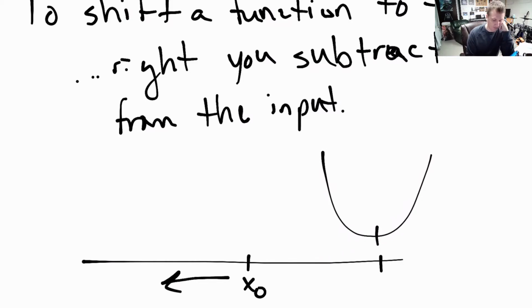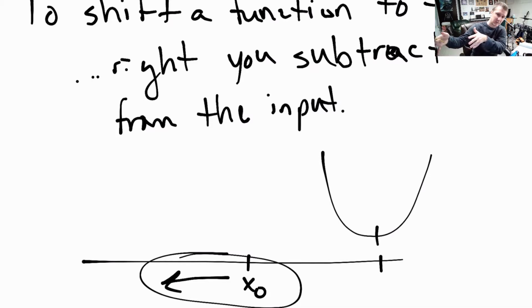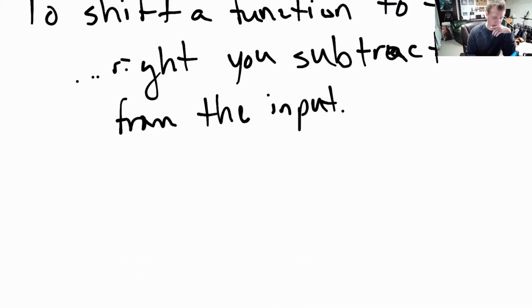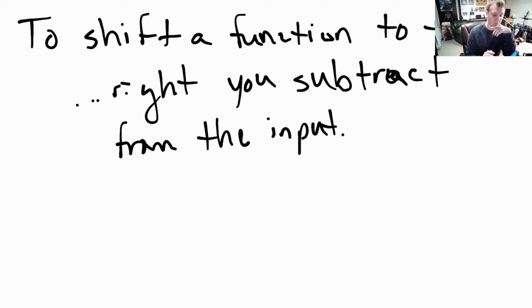Right? And so I think that's where the subtraction makes the most sense, is that we're shifting our x-axis. We're subtracting from it, making things in the x-axis smaller. So we're moving the axis to the left. And that has the effect, if we sort of recenter the whole graph, of moving the graph to the right. Okay, so that's that. To shift a function to the right, you subtract. You could guess.